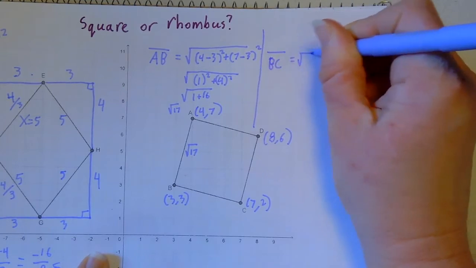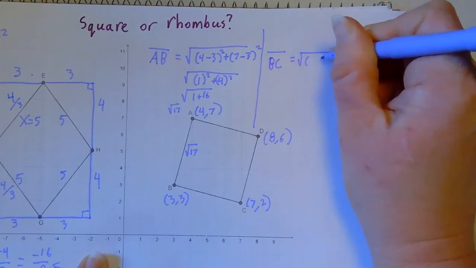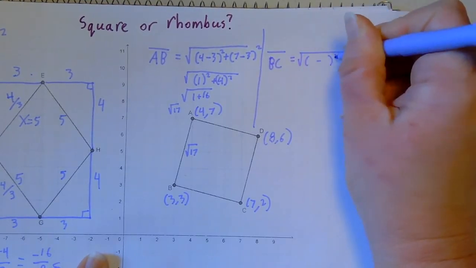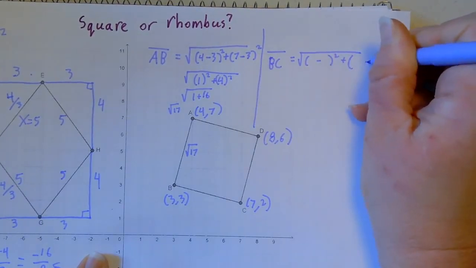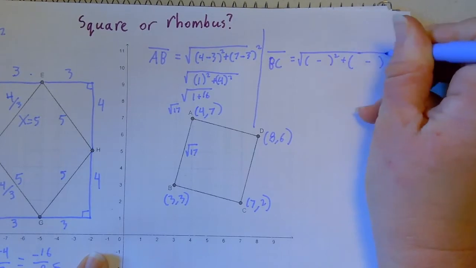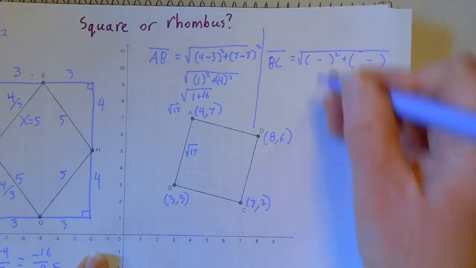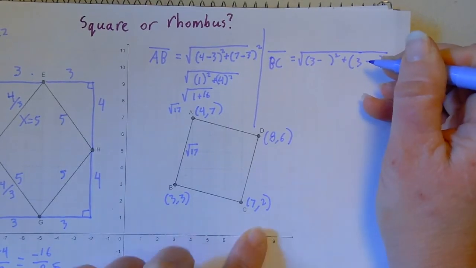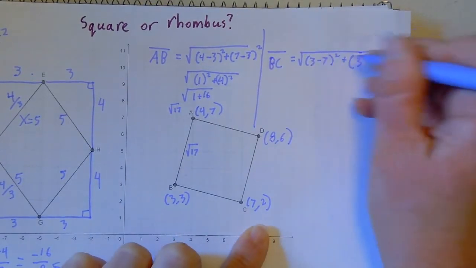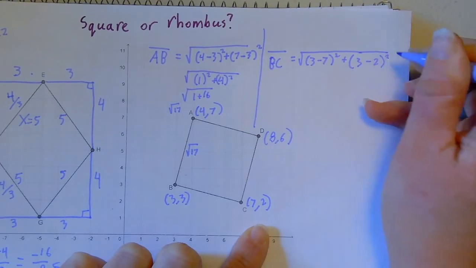And that's going to be, and I'll do the same little strategy where I build my frame and fill in one point at a time. So I'll start with B. I've got 3 and 3. And C, I've got 7 and 2.